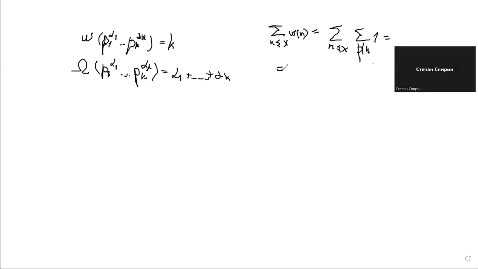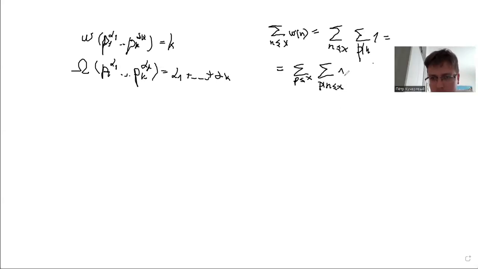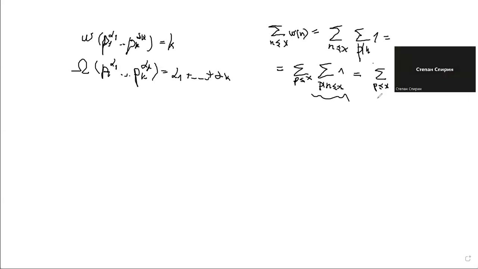Sum over all p less than or equal to x. And here, the sum over all n which are multiples of p and less than x.